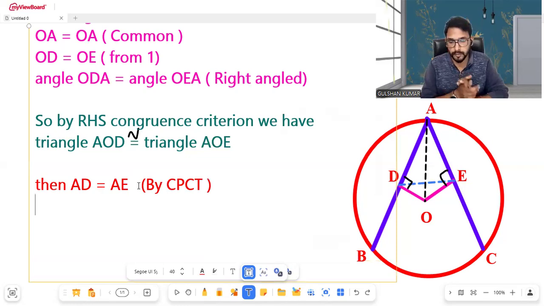What is CPCT? CPCT is corresponding parts of congruent triangles.